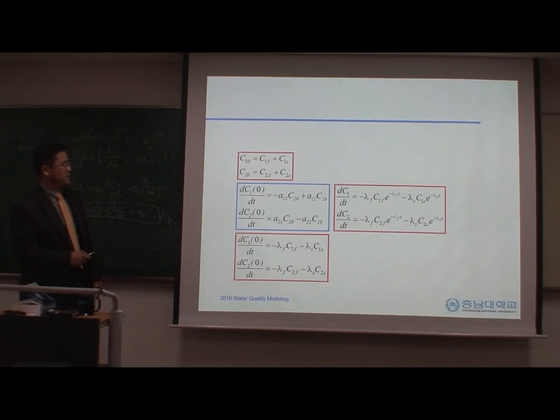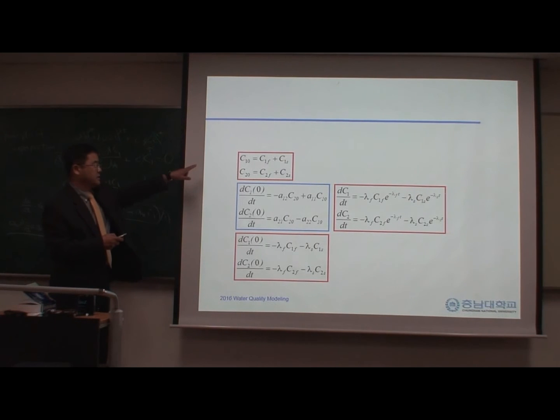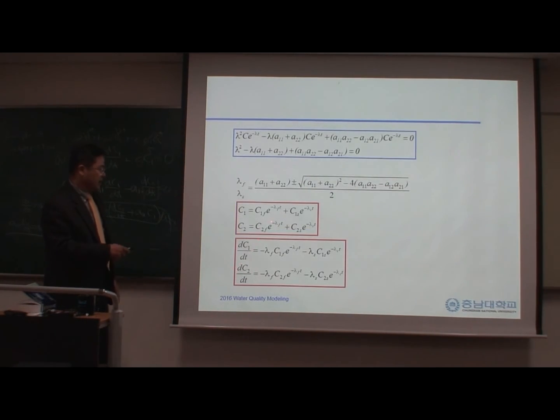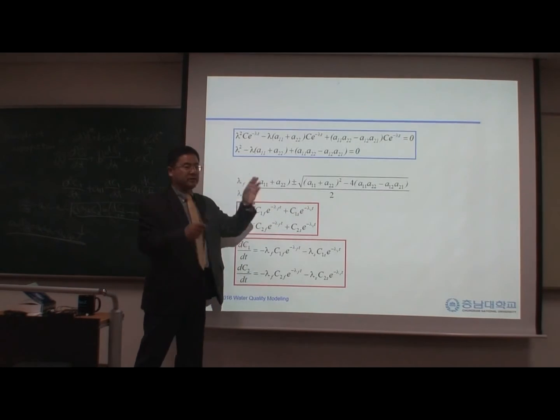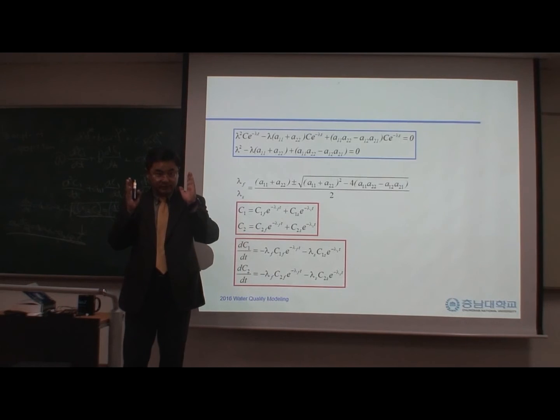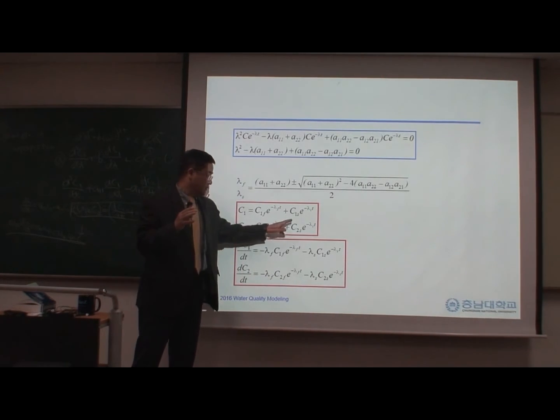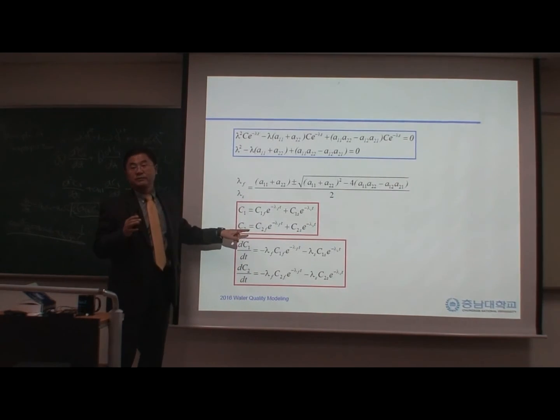So in this case, if we have some more information, we can calculate C1,0 and C2,0. In other words, in here, if we have t at 0, that's your initial concentration, the C1,0. If t equals 0, then that's the C2,0.